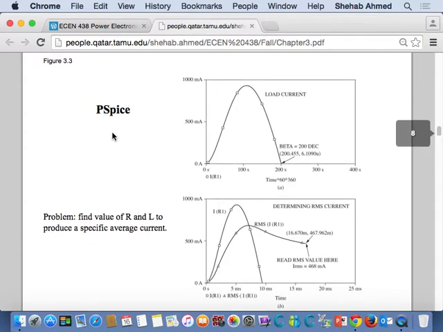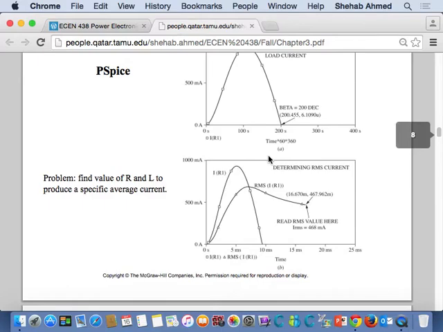In this example, they ask you to find the value of R and L to produce a specific value of average current. You know that you're producing a current with a certain shape. With PSpice, you can ask it to calculate the average value for you, and then you can ask it to sweep parameter values.